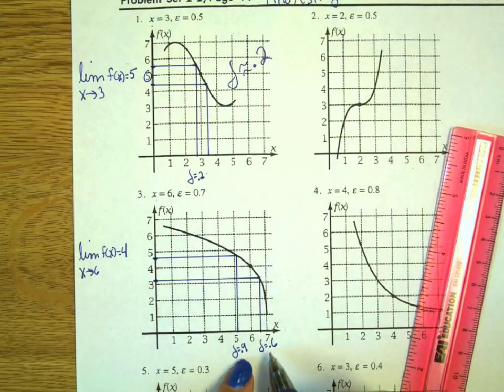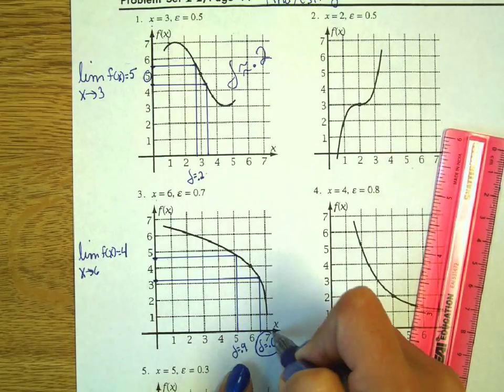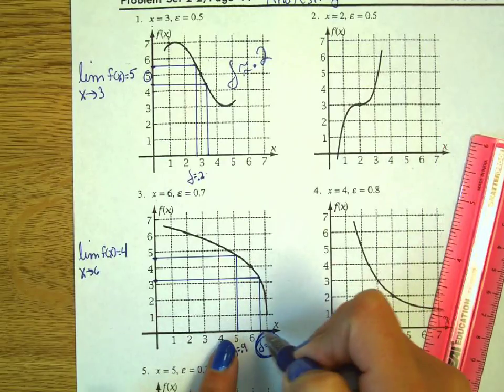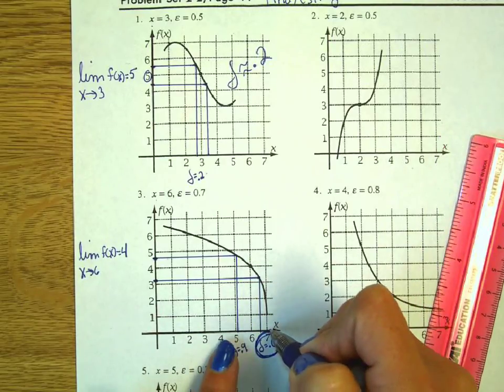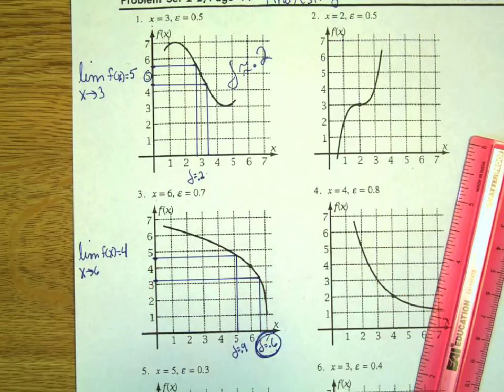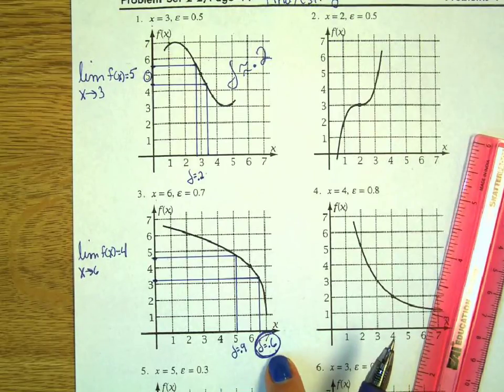So when this happens, you always pick the smallest delta, the smaller one. Don't pick the bigger one, because the bigger one won't work on the other side of the x value. When you go up to hit the graph, you'll be outside of the epsilon window. So pick the smallest one. So here I'm going to estimate delta to be about 0.6.